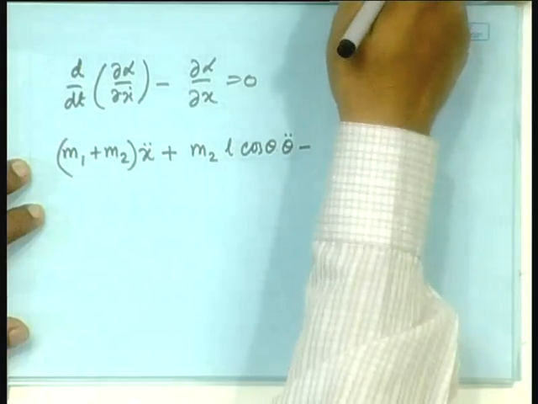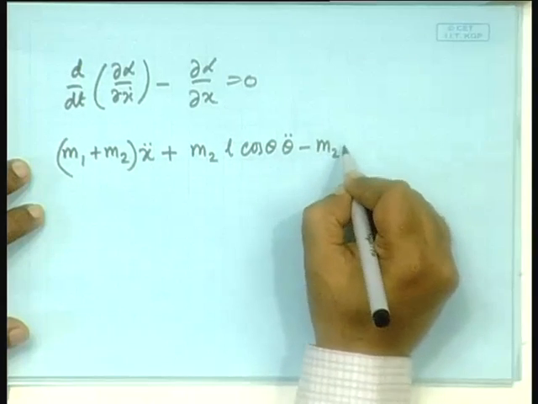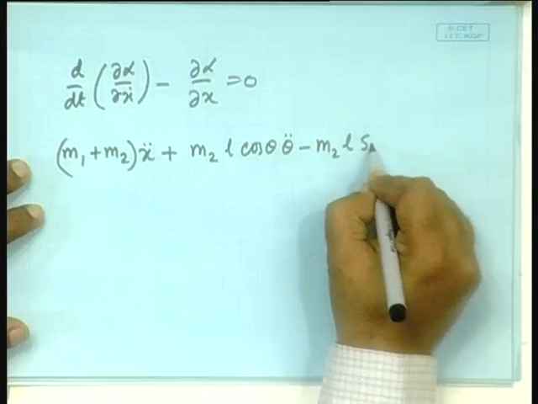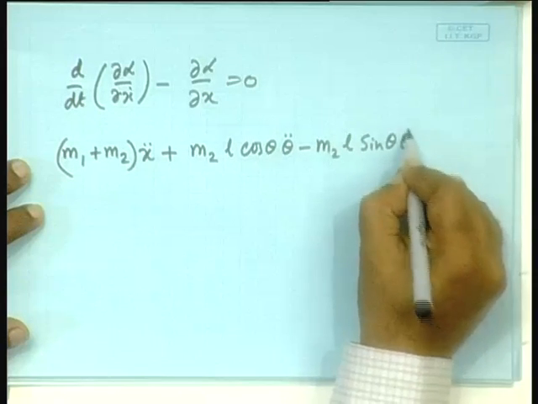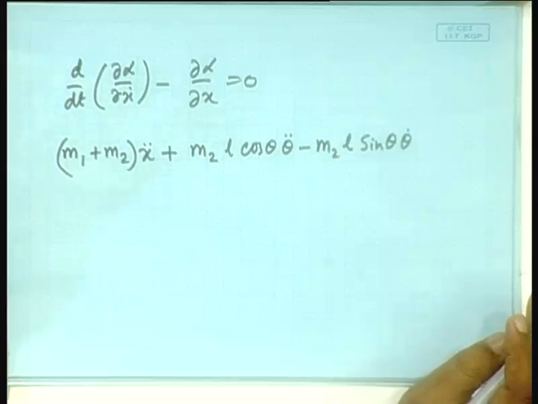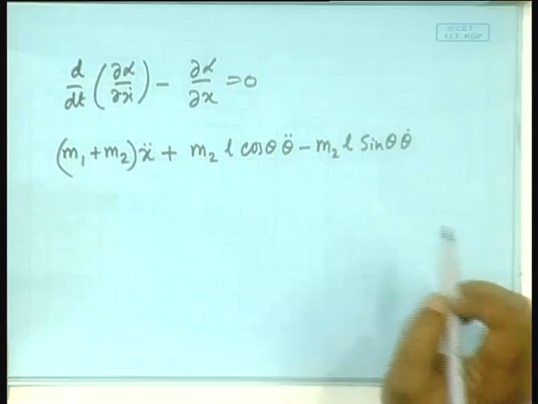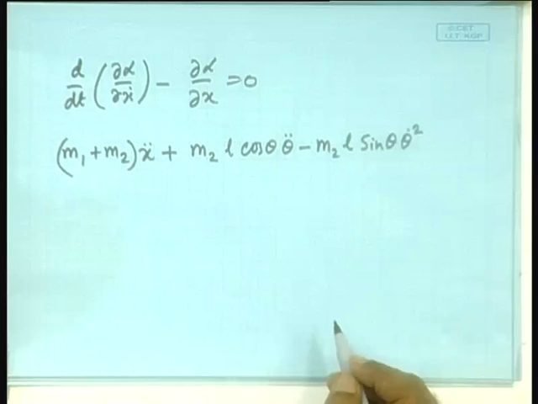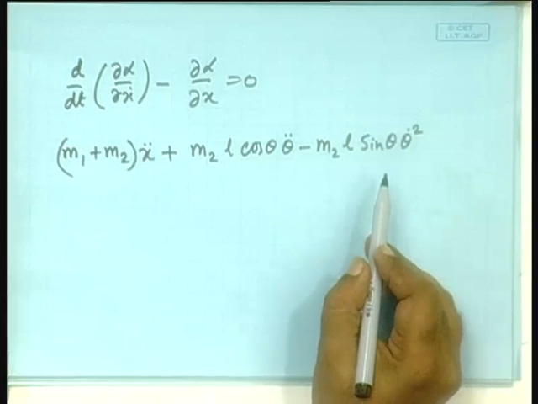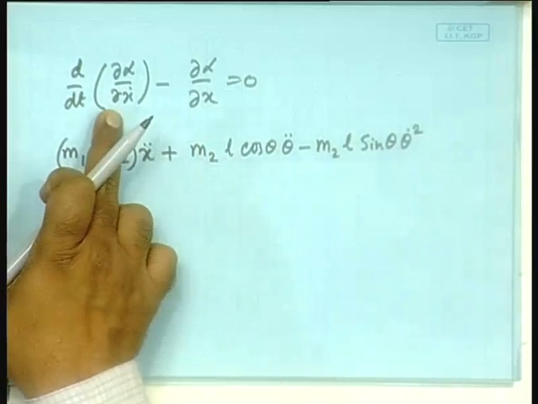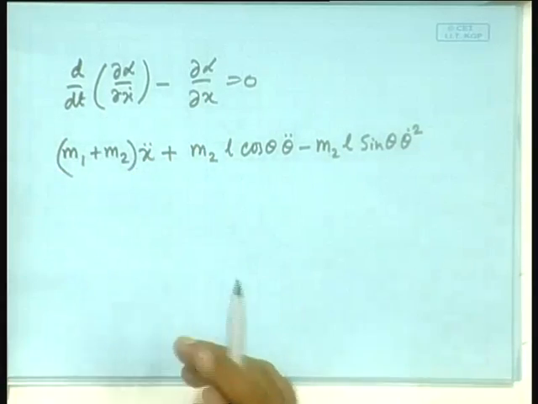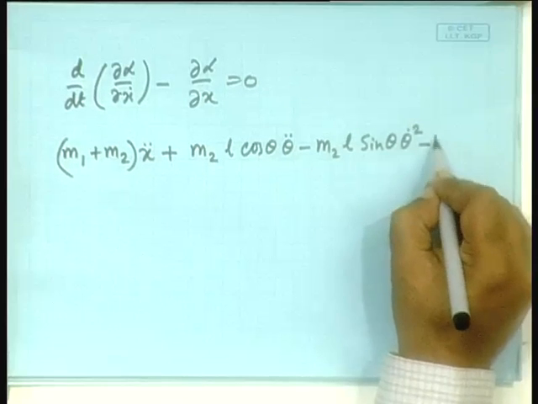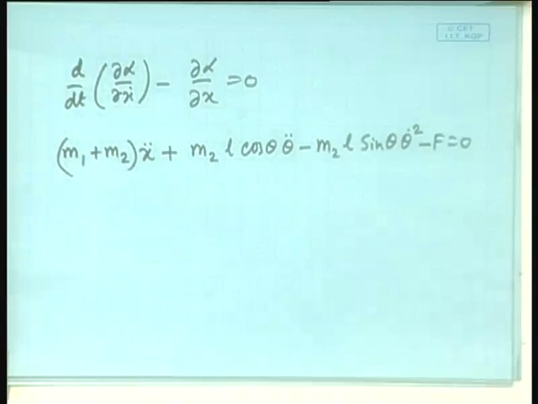Now we have to differentiate this: m2 L theta dot sin theta theta dot, sin theta theta dot square. Right. So this is the derivative of this. Now we have to write minus this, so that would be minus F equal to 0. Done.